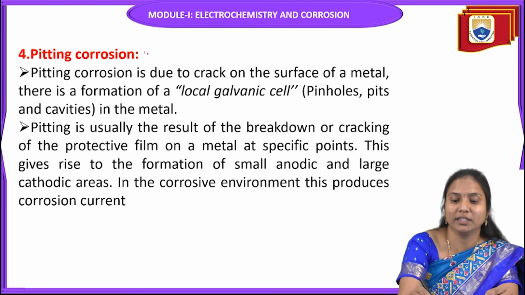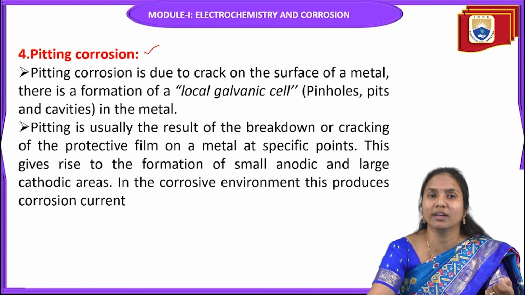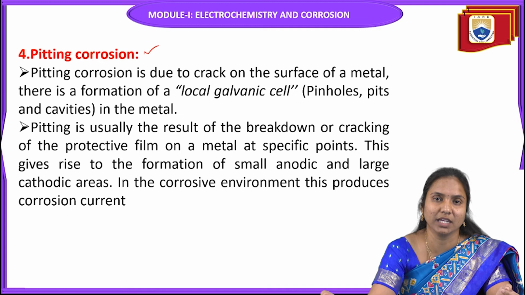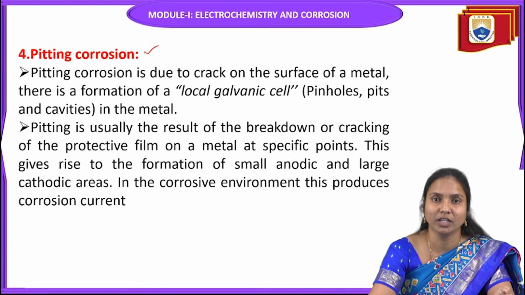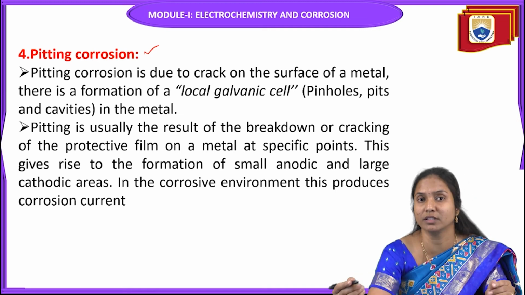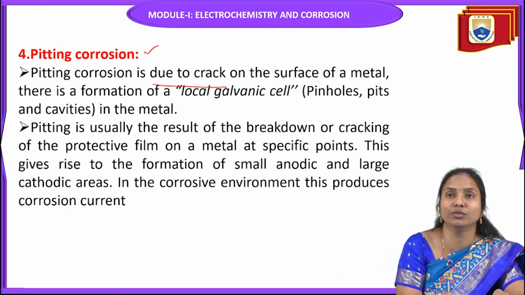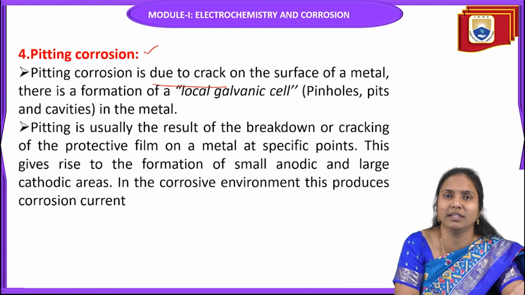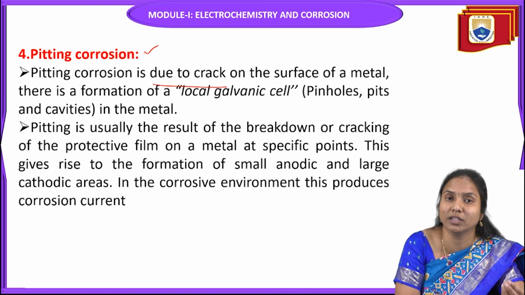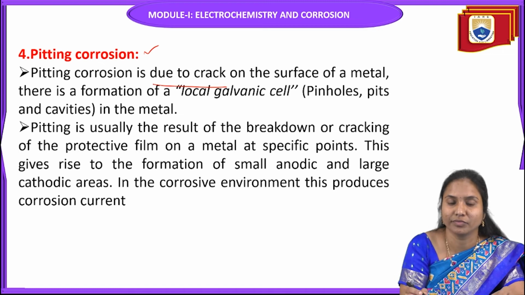Now we discuss pitting corrosion. Pitting is small cracks formed on the metal surface or metal oxide layer. The best example is what we just discussed in the oxygen absorption case. Pitting corrosion occurs due to cracks on the surface of the metal. For any reason, if the metal oxide layer gets cracks, pits are formed on the metal surface, and this type of corrosion occurs.